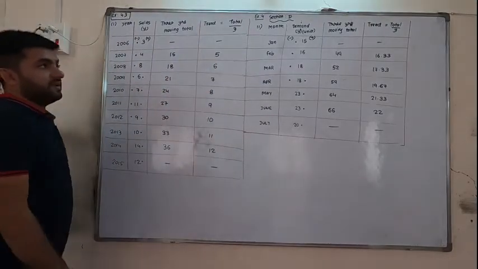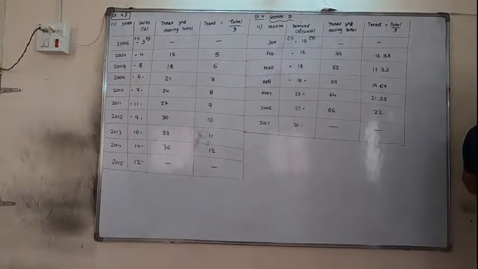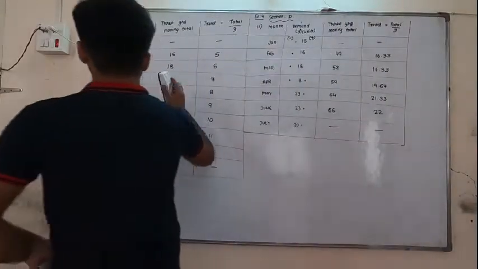Okay, so again one more sum for 3 years, that is in section E, third sum.